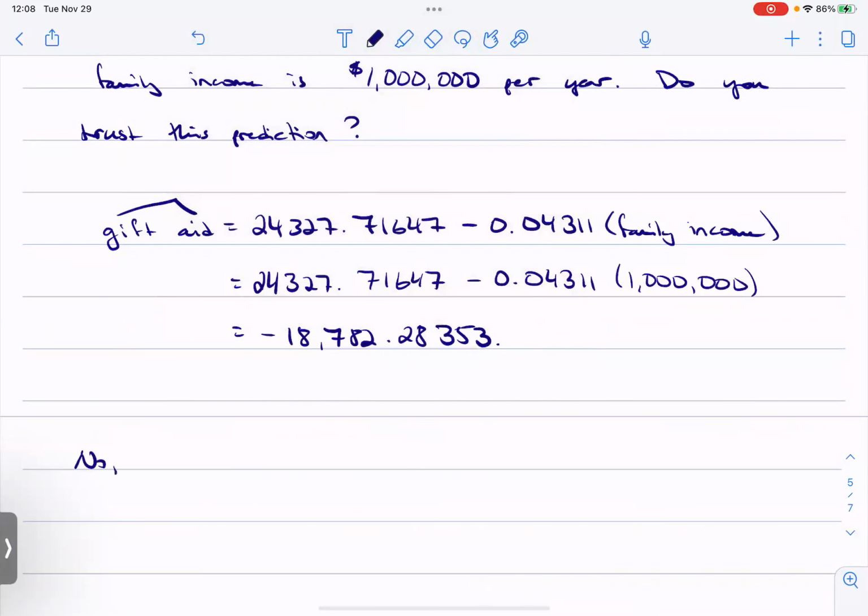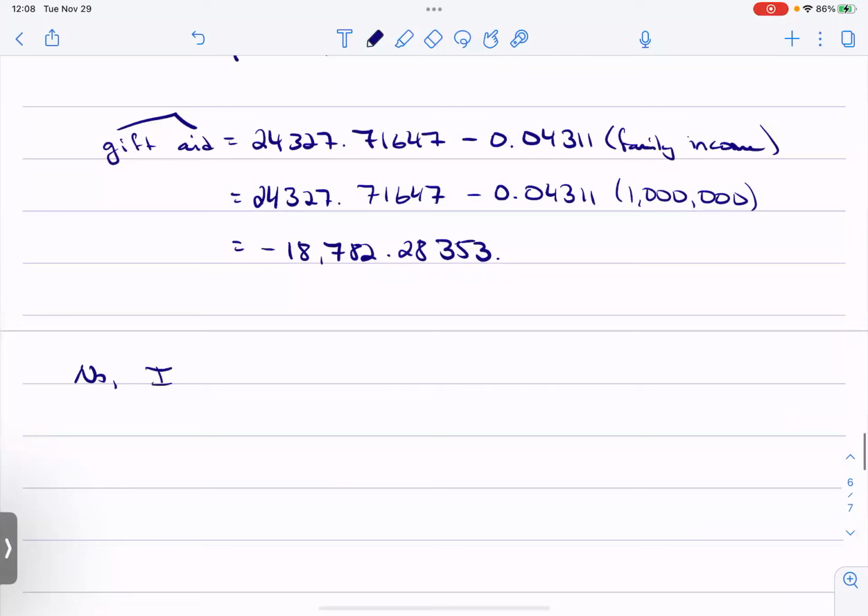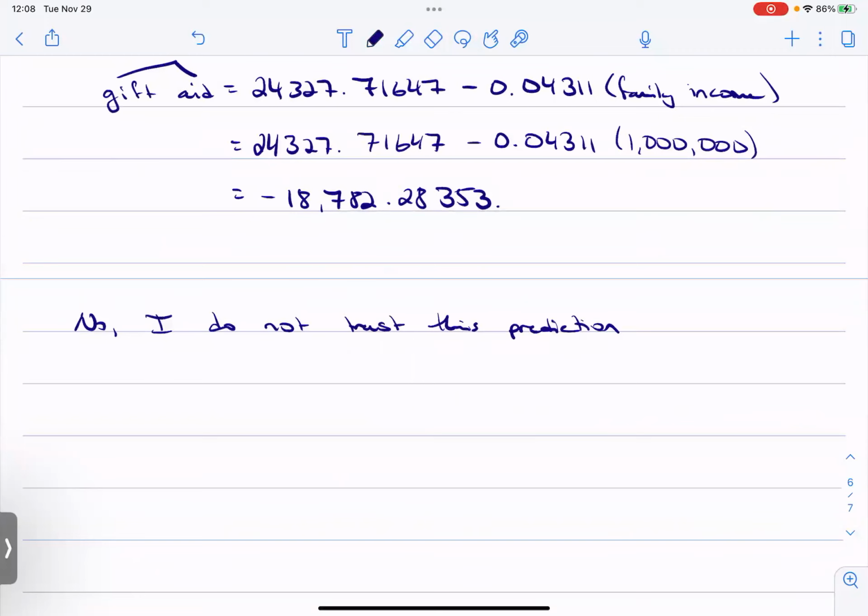Put it on a fresh page here. No, I do not trust this prediction. You have to tell me why though, right? Yes or no answers won't get you any marks, and that's a fact. You have to tell me why, because it's treacherous.